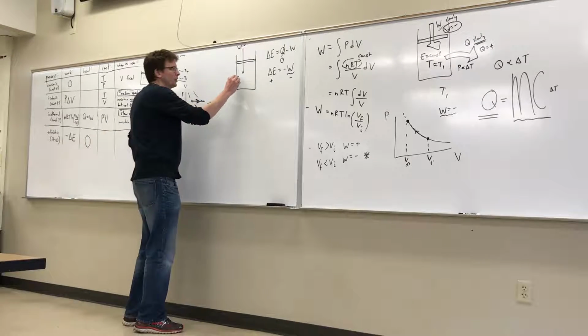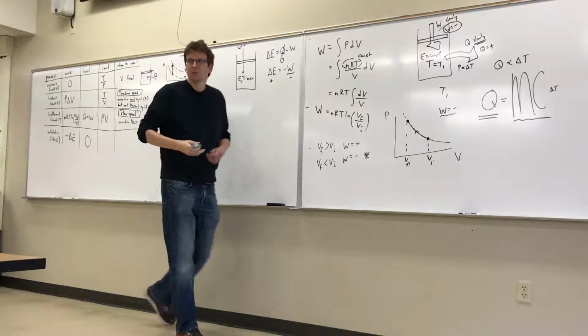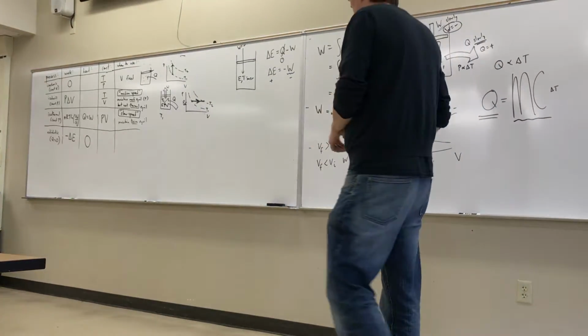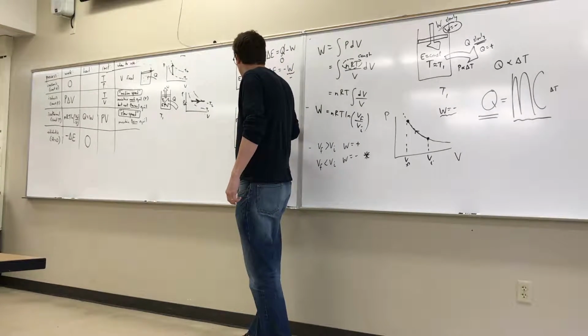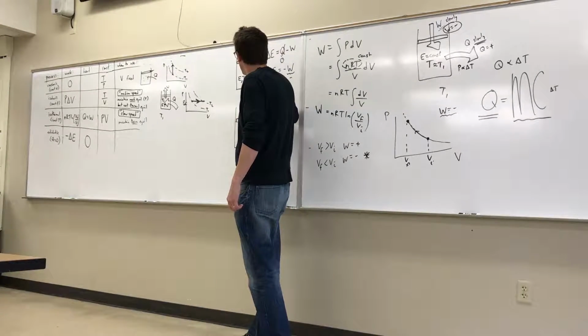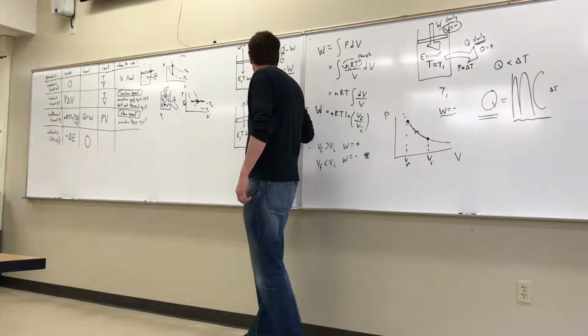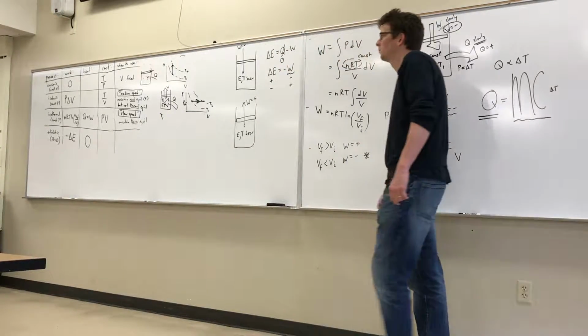So the internal energy and temperature increase. Or, of course, you could have the opposite. You could have that energy goes out as work, and the internal energy and temperature drop. So that would be if work is positive, delta E is negative.